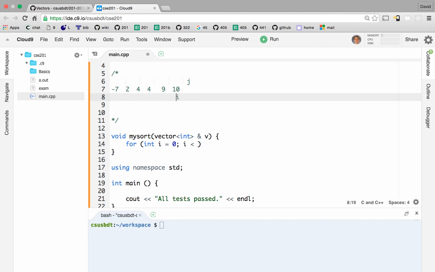The last position is position size minus 1, because we start counting at 0. When we hit position size minus 1, we were done, so we don't need to execute the loop logic there.